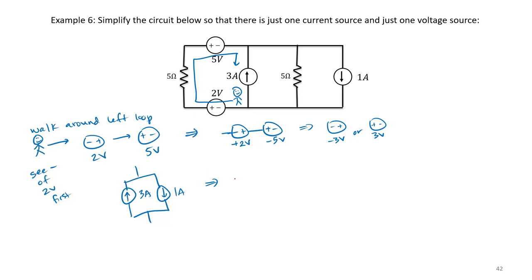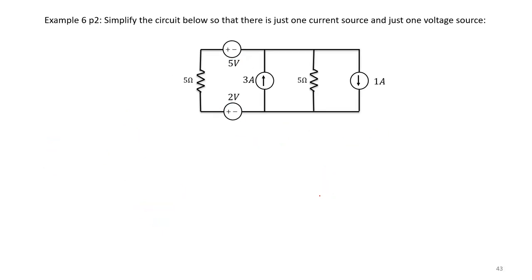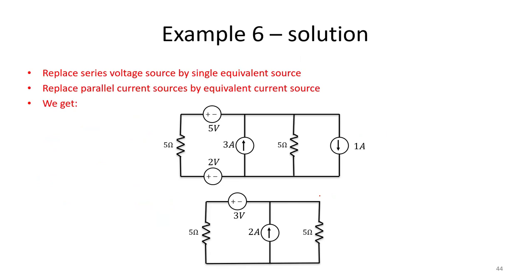So what I can do in this case is I can say that I have a 3 amp minus 1 amp, or a single 2 amp source pointing upwards. So therefore, if I go ahead and crunch all the numbers, you see that's indeed what we get. We get a 3-volt source up top, because we subtract the 2 volts from the 5 volts, and then similarly we subtract the 1 amp from the 3 amp to get the 2 amp current source.